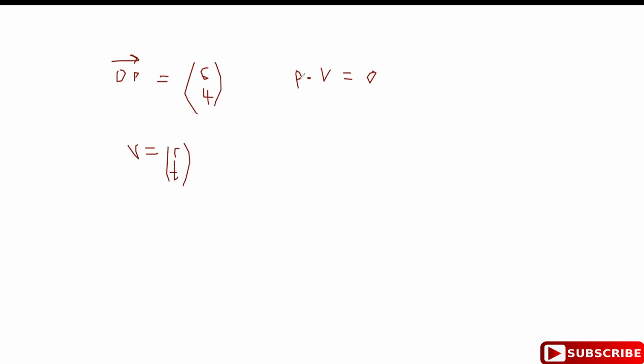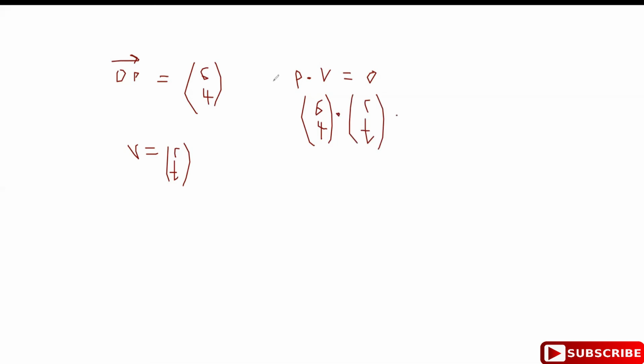So P is 6, 4 dot V, which is R, T, equals 0.